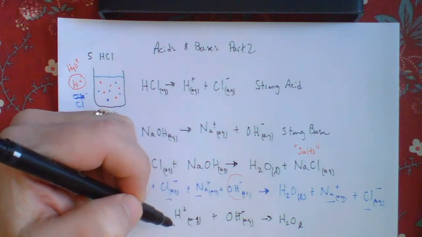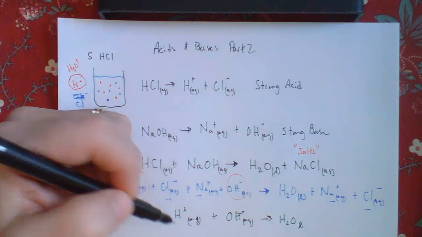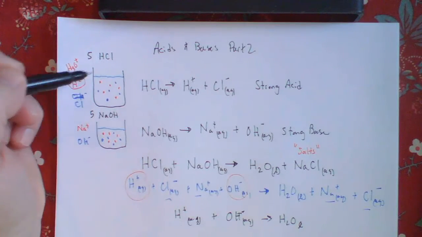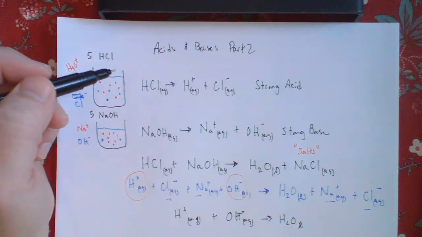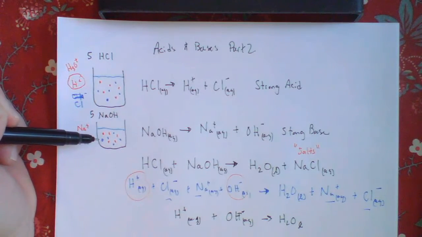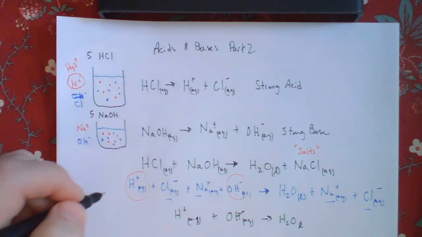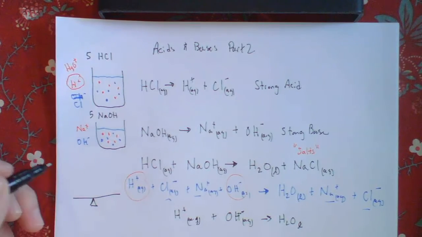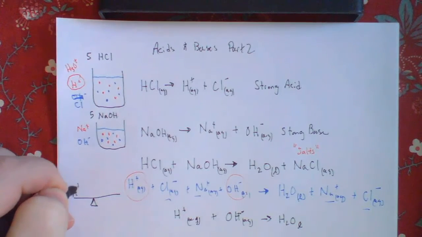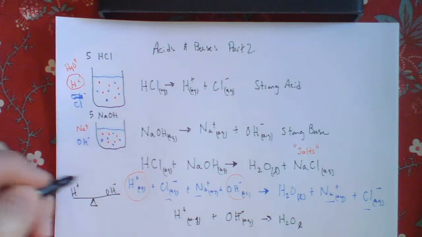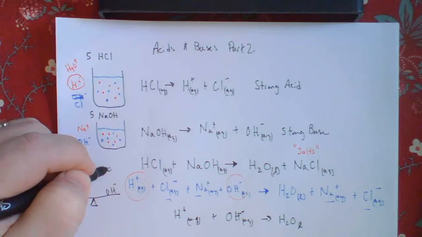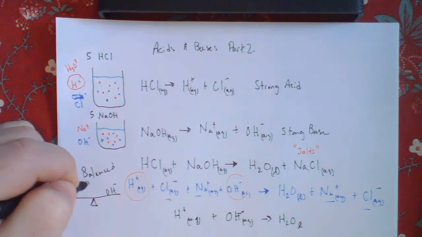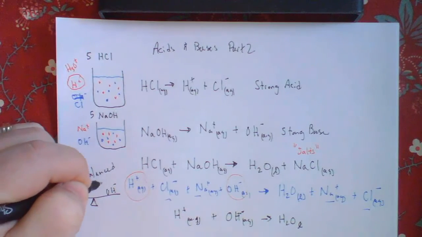It's like if we have something that's an acid and we add water to it, we can't ever make it become a base until we add a base to it. But there's a tipping point where we look at the relationship and say that the hydrogen ions and the hydroxide ions become balanced. And this is what we refer to as neutralized.